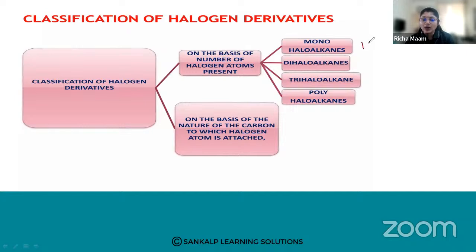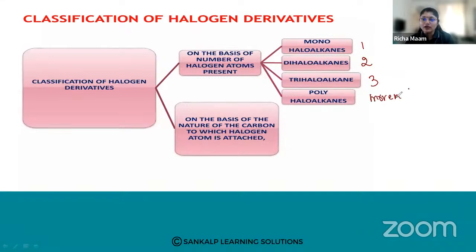So if one hydrogen atom is replaced by a halogen, then it is mono. If two hydrogen atoms are replaced by halogen atoms, then it is di. If three hydrogen atoms are replaced by halogen atoms, then it is tri. Poly means more than three.